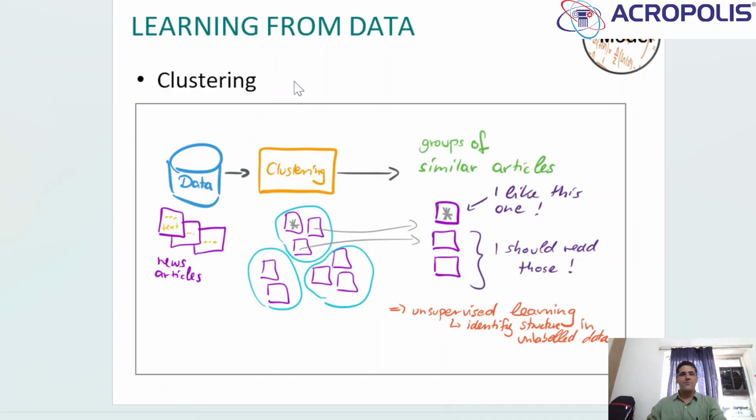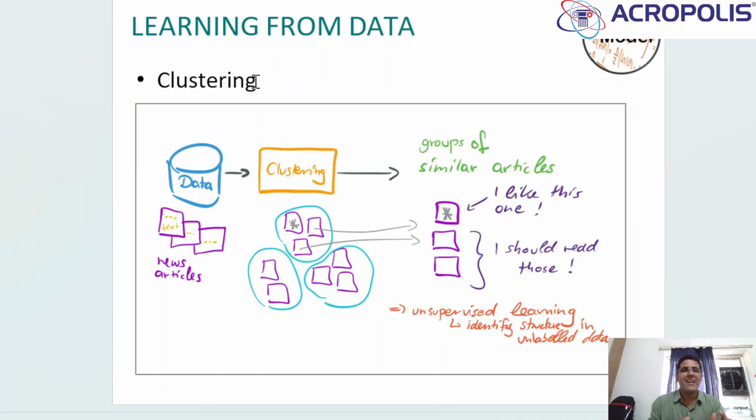Then we can also learn from the data, because we are totally inclined towards the data. Clustering is a kind of unsupervised learning, where we are not trying to classify different classes. Instead, we will be dealing with unlabeled data, and with the help of this unlabeled data, we are going to identify the structure.